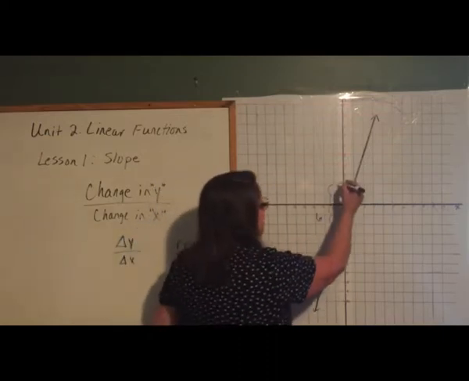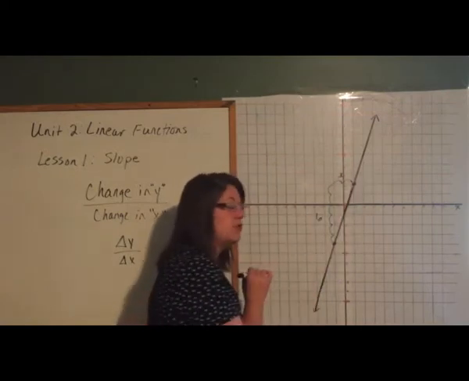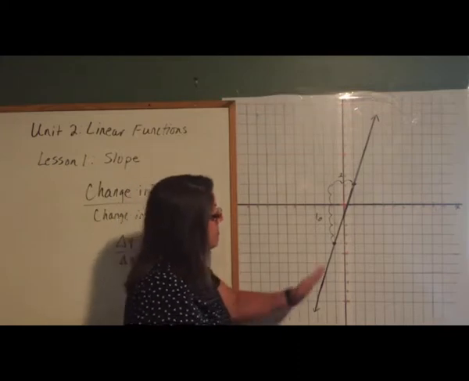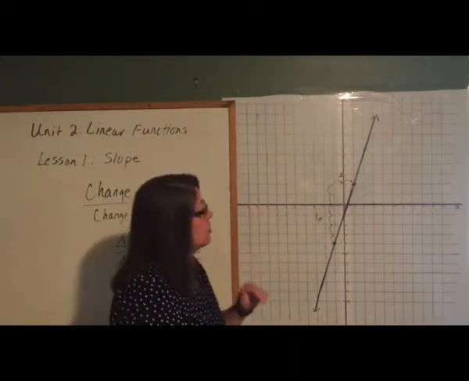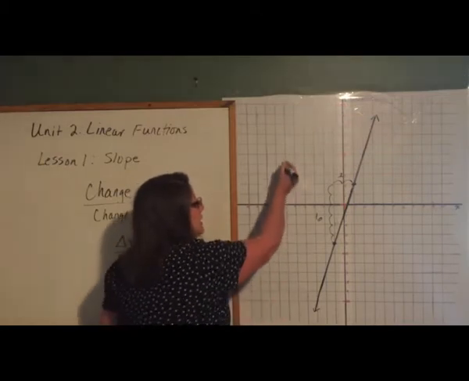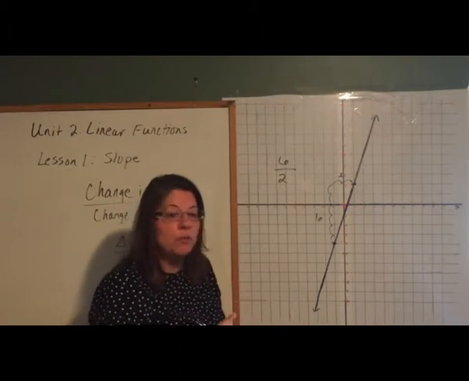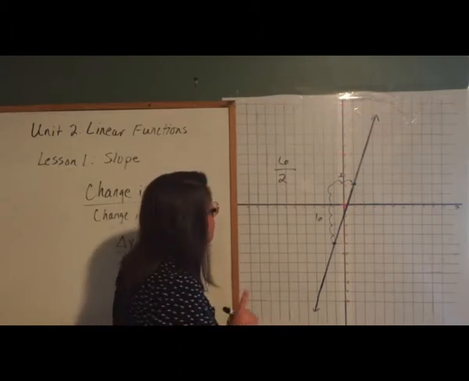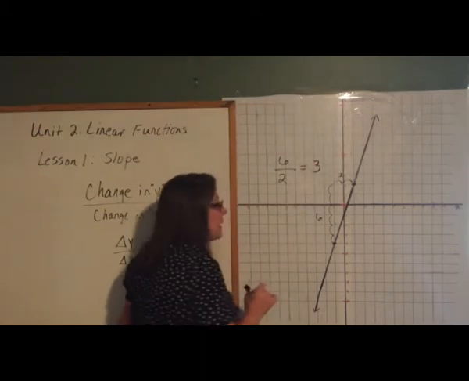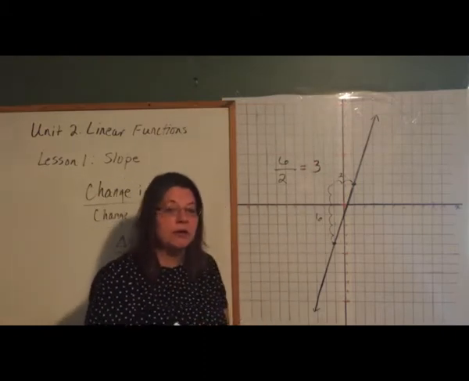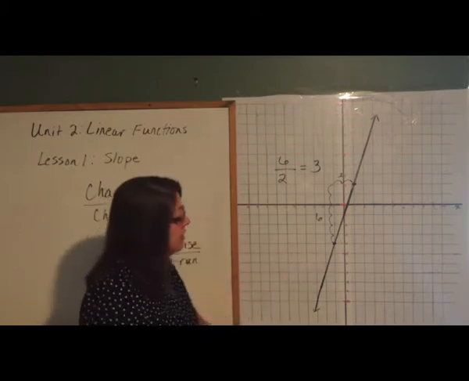And then from there, I'm going right 1, 2. My run is 2. It's positive 6 because I went up, and positive 2 because I went to the right. So my rise over run is 6 over 2. Now, when we do slope, we will always simplify those fractions. So 6 over 2 is the same thing as 3. So my slope here is 3, or 3 over 1 if we're talking about rise over run.